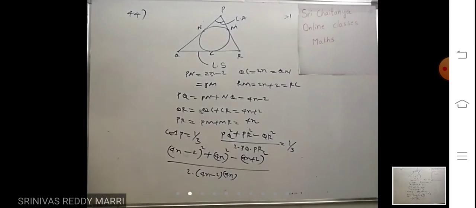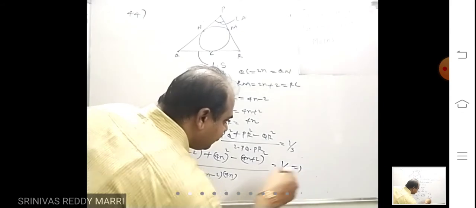This is given as 1 by 3. From this you have to calculate n.